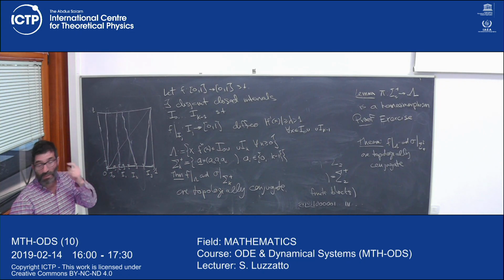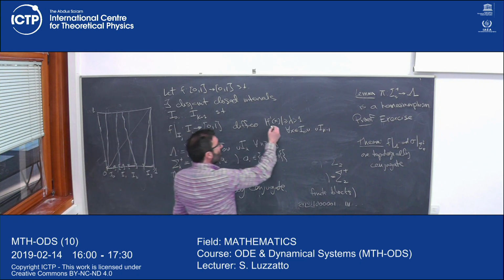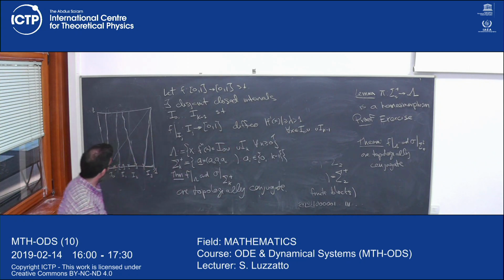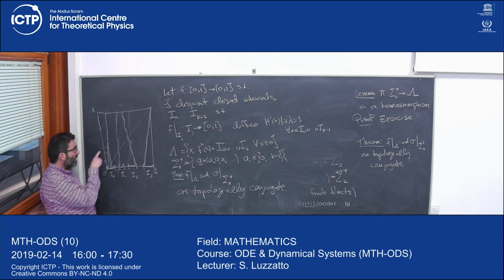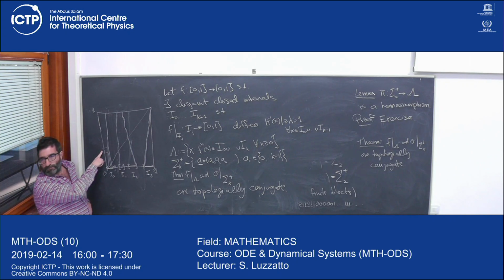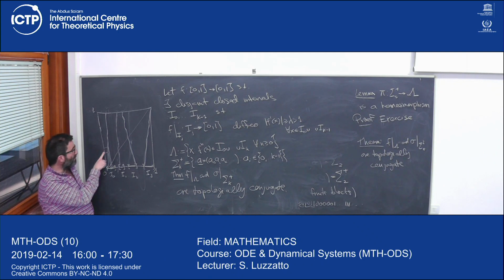It's at every point expanding, because if the derivative is bigger than 1 everywhere, then locally, if you take any point and you take its neighborhood and you look at the size of the image, it will be bigger than this by a factor lambda. Okay, again, this is the mean value theorem. In particular, it means that every pre-image of every set is less than 1 over lambda times the size of that set.